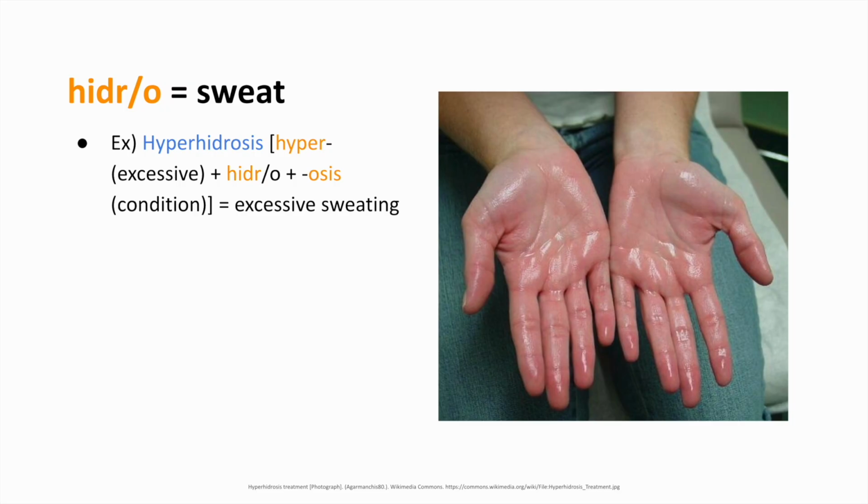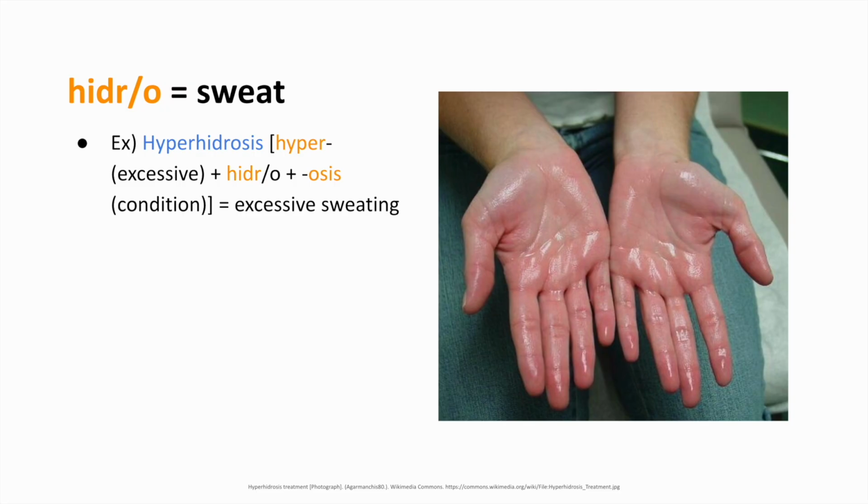So hyperhidrosis is excessive sweating, and as you can see, people with hyperhidrosis sweat that much even without any heat or holding their hands together. Without those things, they just sweat a lot like that. That's hyperhidrosis.